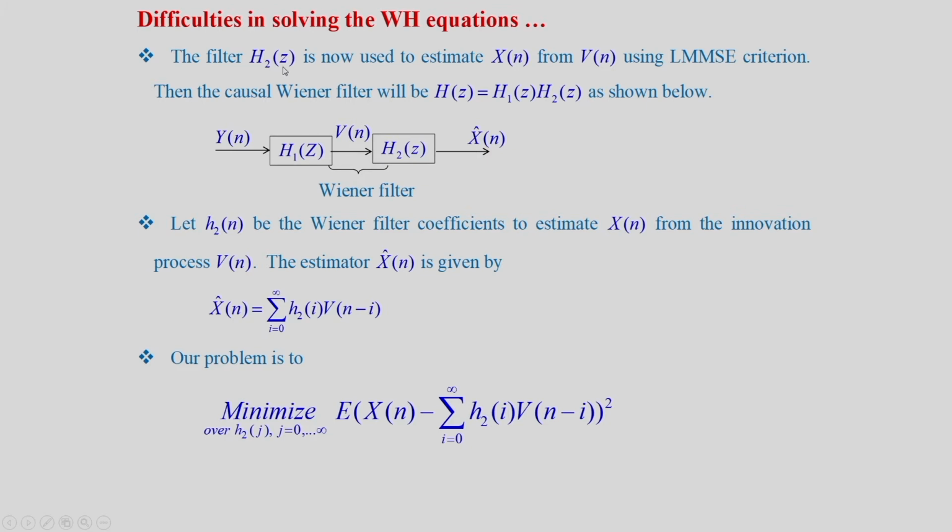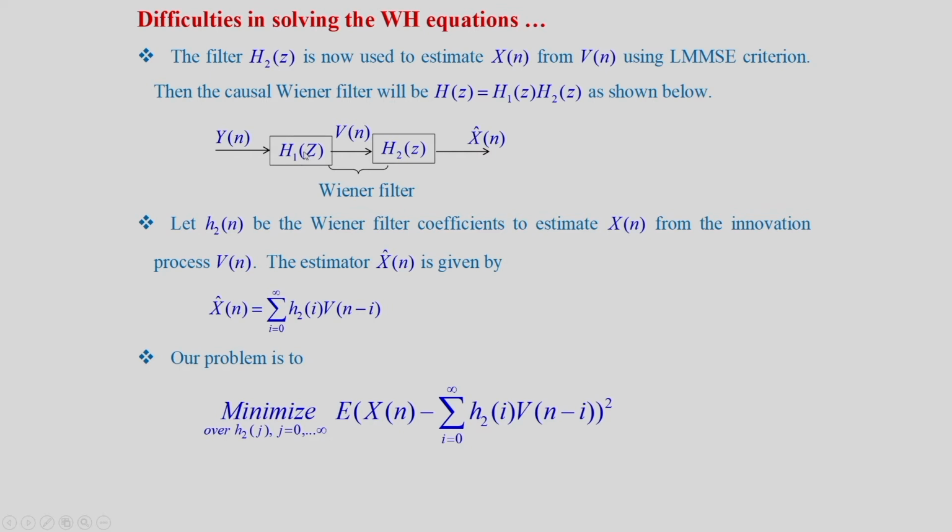The filter H2Z is now used to estimate x hat from Vn using the linear minimum mean square error criterion.